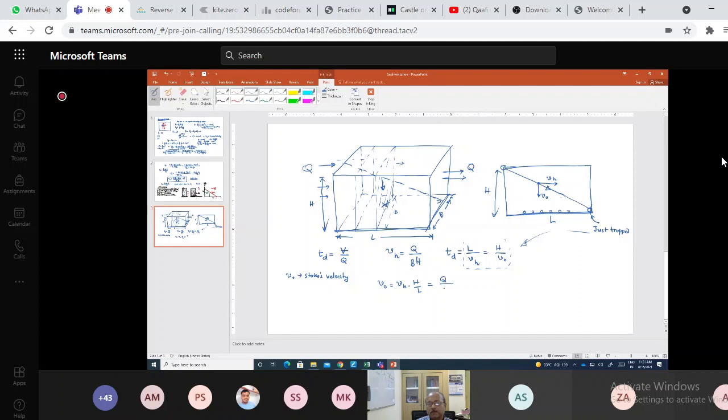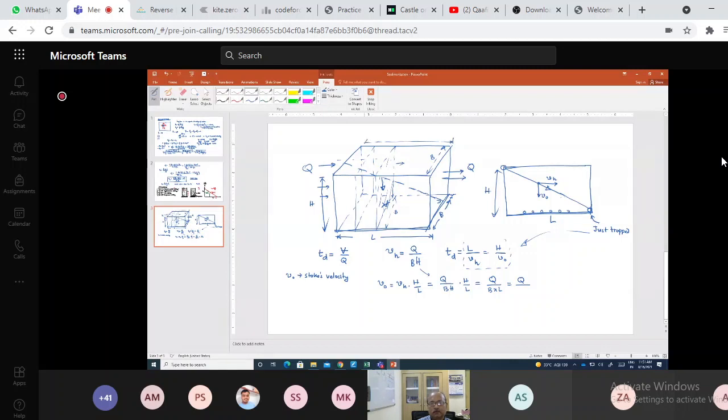It is Q by B H, right, from here. And this is your h by L, so this is Q by B into L. So this is your B and this is your L.